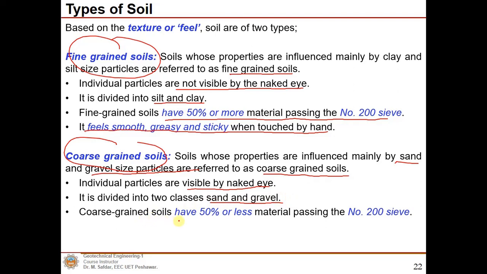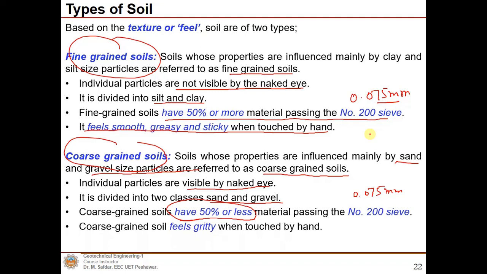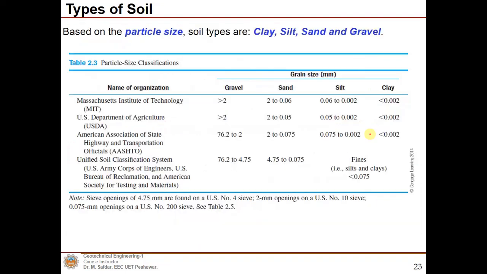Coarse grained soils have 50% or less material passing the number 200 sieve, and the number 200 sieve opening is 0.075 millimeter, based upon the USCS system, Unified Soil Classification System, which we will study in our coming lectures. Coarse grained soil feels gritty when touched by hand.